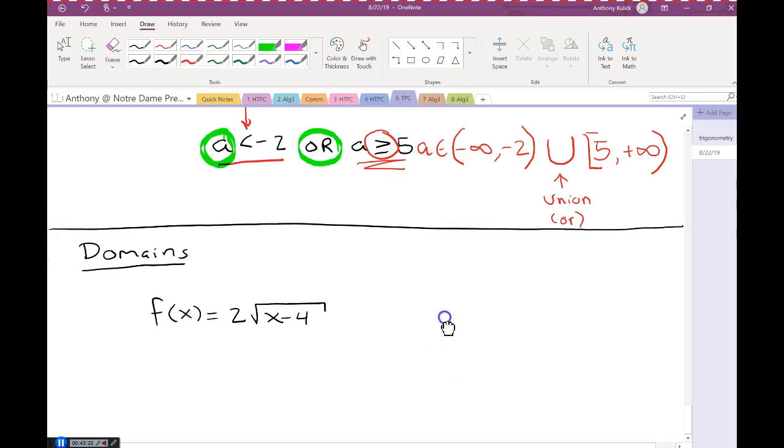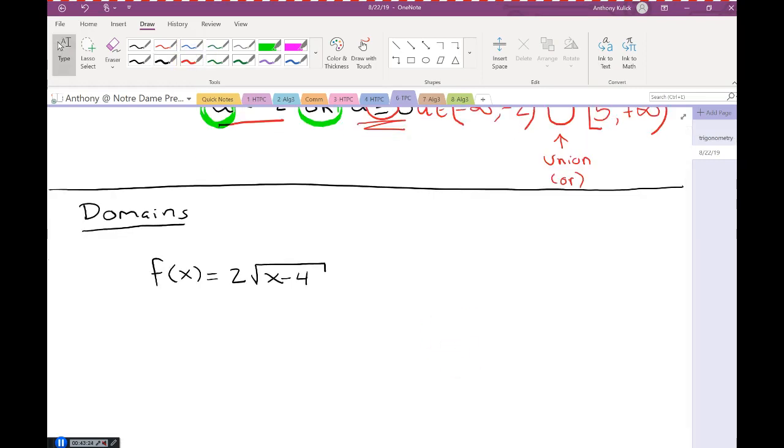Okay. So we said square roots are a problem if we're taking the square root of a negative number, right? That's what Hannah said. So to figure out the domain for something like this, I'm going to take everything that's underneath the square root, and I need it to be non-negative.